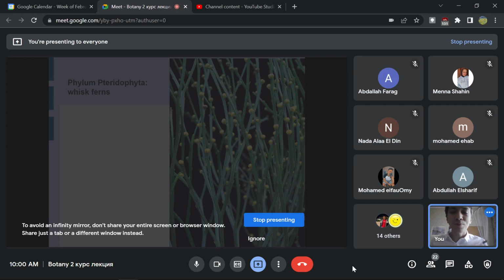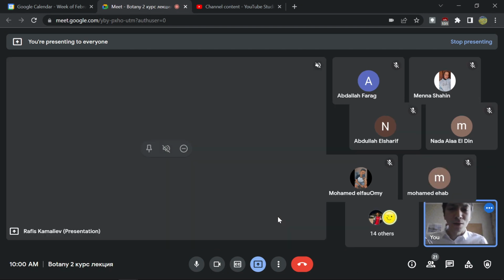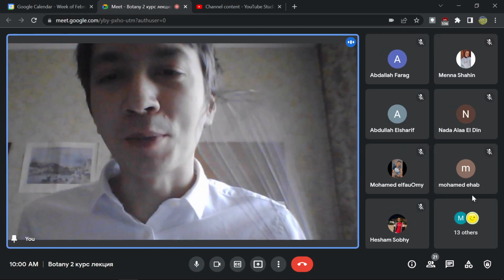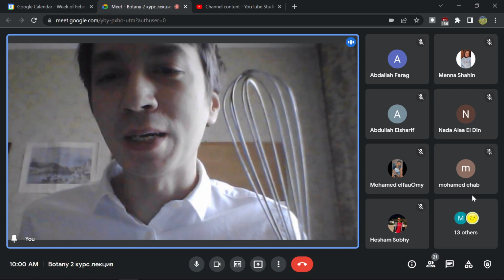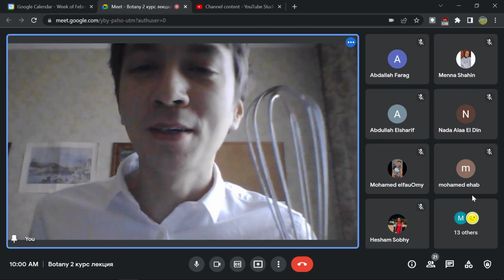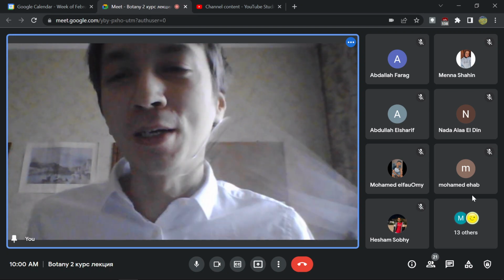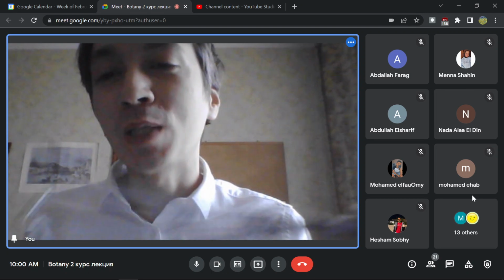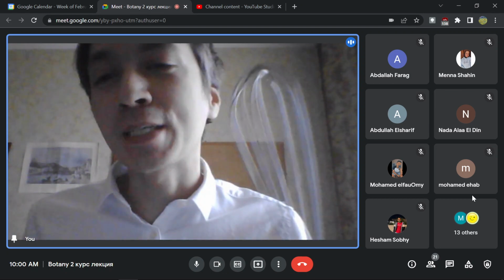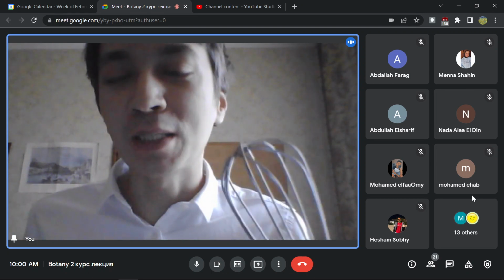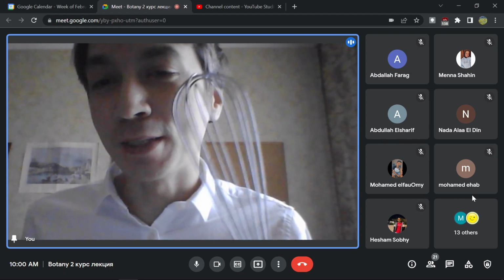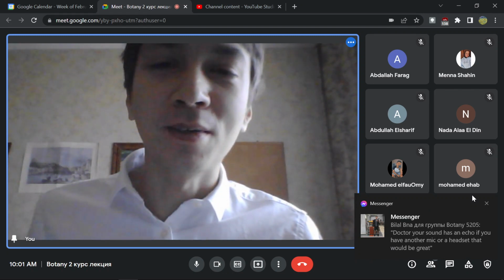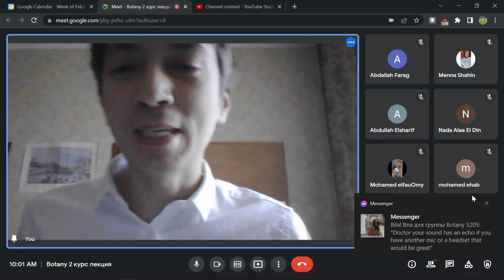I used this whisk to prepare an omelette today in the morning for breakfast. And some ferns look like a whisk, and actually can be used instead of the whisk if you don't have a stainless steel one, so you can actually find a whisk fern and use it instead.